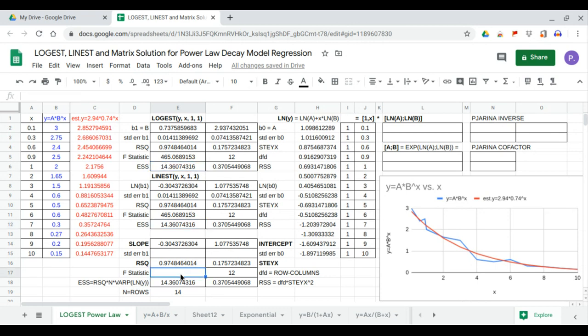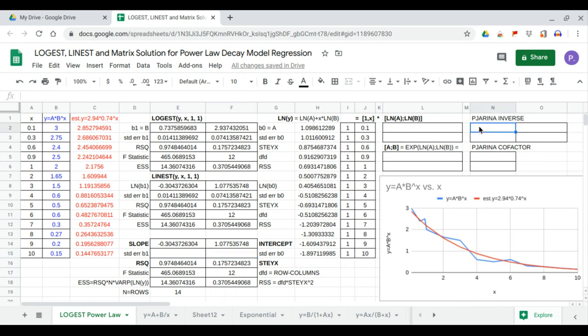The F statistics is equal to regression sum of square divided by 1, because there's only one set of independent variable, divided by sey squared. 465.06 matches our LINEST and LOGEST output. Then we calculate these last two.